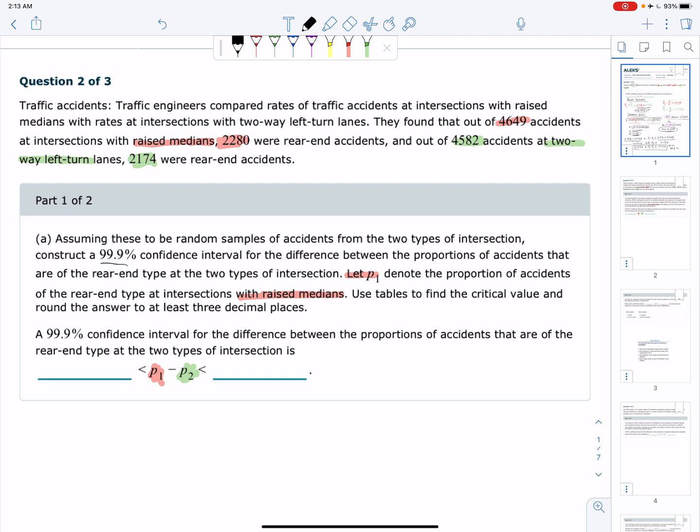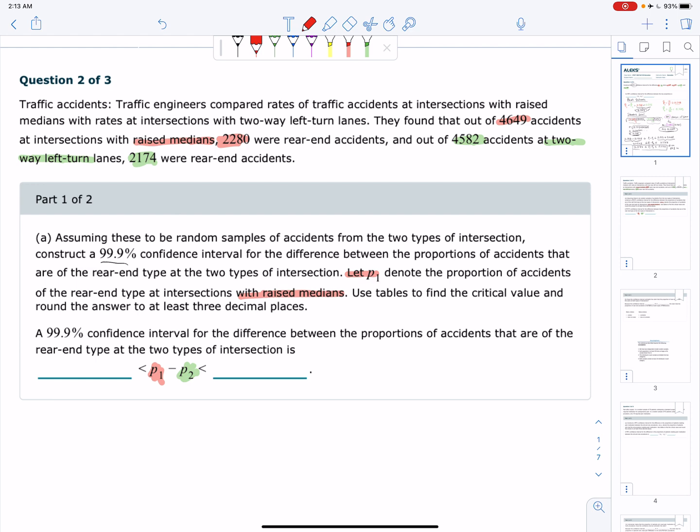So we already know that. Let's go ahead and take a look at my sample data. My sample proportion for my first population is going to be found by that information that I highlighted in red. It says that 2,280 were rear-end accidents, and this is of the raised median type.